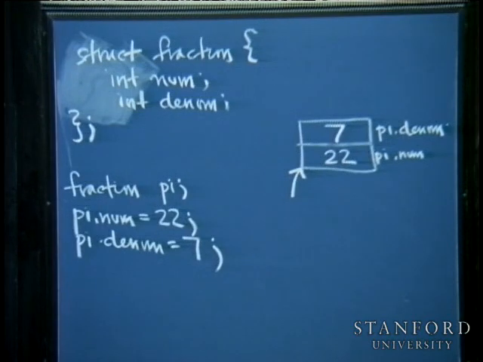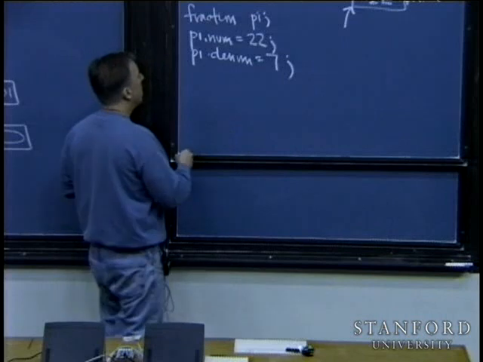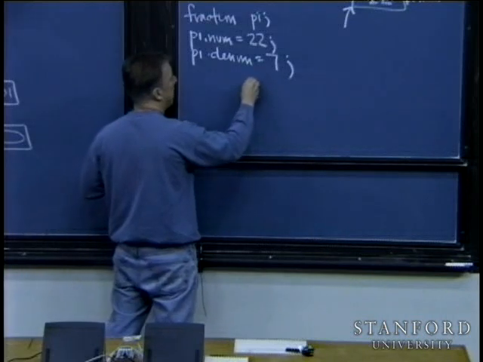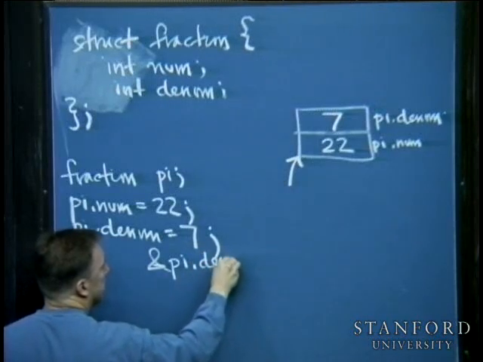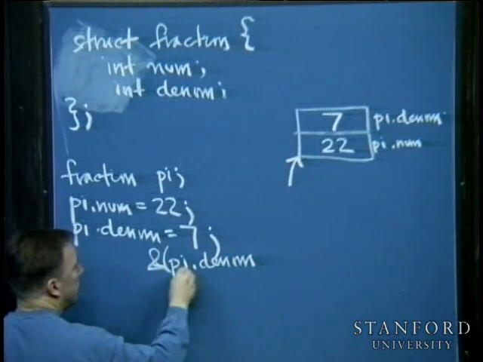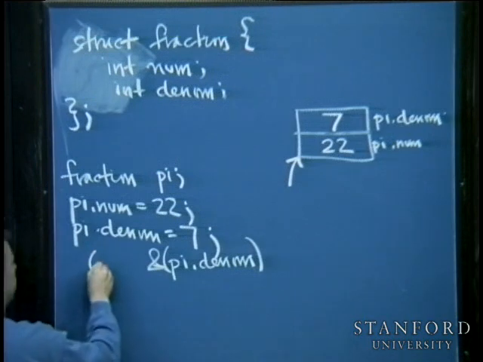Okay? If I go ahead and do this, this is where things get crazy. If I go ahead and do this, ampersand of pi.denom. I'll do that. You don't technically need it, but that makes it clear what you're taking the address of. I have an int star, right? Unless I do this.